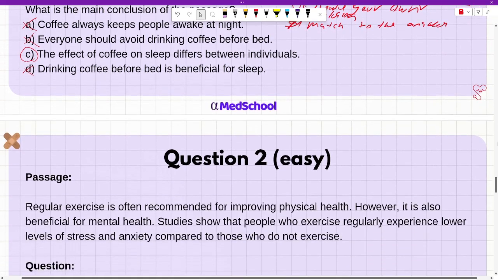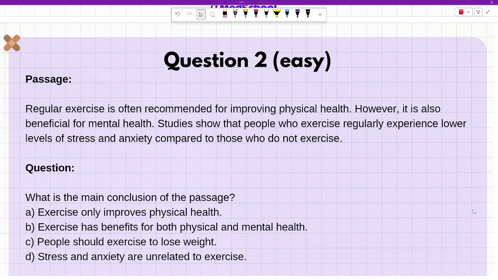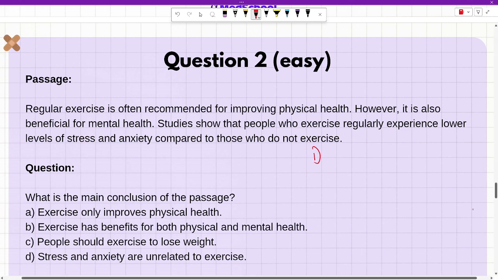Okay, so here's question 2. So we ask that you pause the video now and try to solve this on your own, and then you come back so we can solve it together. Okay, so I'm going to assume that you already did this. So again, step 1, which is question, right?